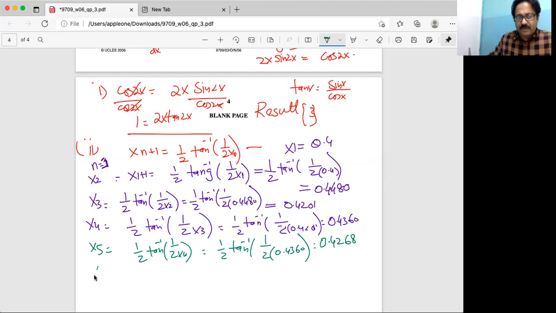Now see here, for x6 I'm doing 1 over 2 tan inverse of 1 over 2 x5. Putting in the result 0.4268, what do I get?